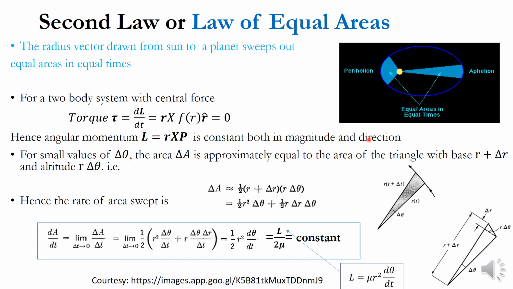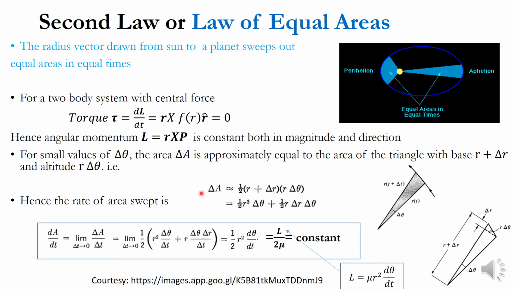So for small values of delta theta, the area delta A is approximately equal to the area of the triangle, like this, with base r plus delta r and altitude r delta theta.